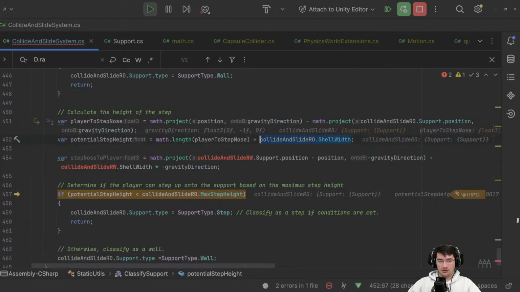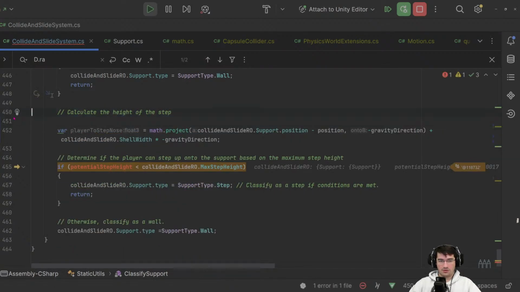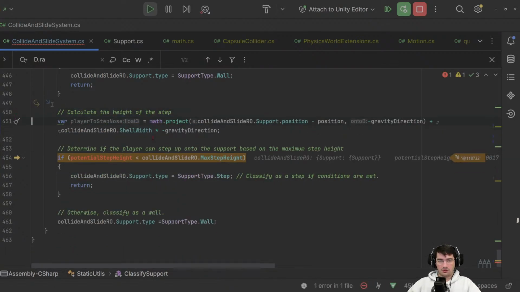The shell is this one, and the support position is this one. I think I was computing the actual distance, not the vertical component only.